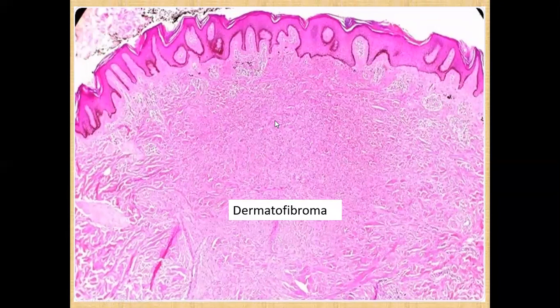And dermatofibroma is also different from dermatofibrosarcoma protuberans in that there is an abundance of histiocytes within the tumor, which is not seen in DFSP. In dermatofibrosarcoma protuberans, only fibroblasts are seen, but in dermatofibroma, both the fibroblasts and the histiocytes are seen, and it is also called benign fibrous histiocytoma.